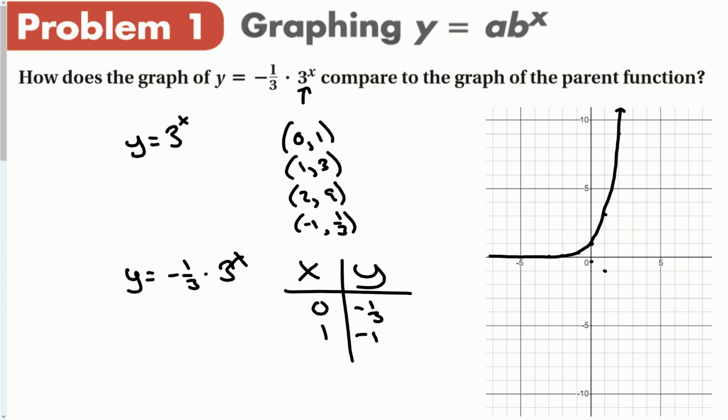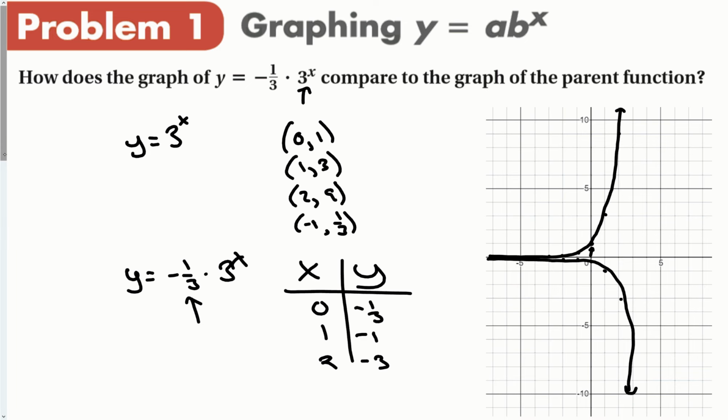If I plug in 2, I get 9 times negative 1/3, that's negative 3. So you can see that now this function has been reflected and it's also been compressed. Look at this one, this is 1. This is only 1/3. So this is going to be kind of similar back here, but obviously different as we go down this way.